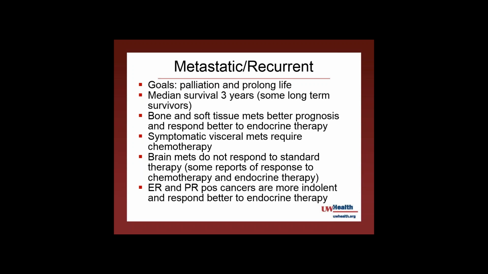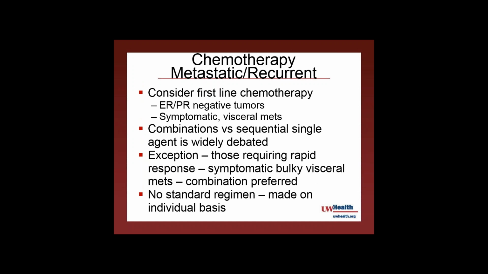But if you've got bone mets, you can probably use endocrine therapy or a bone modulating agent, like zoledronic acid or denosumab. ER/PR positive cancers are more indolent and you respond better to endocrine therapy, even in the metastatic setting. So consider first-line chemotherapy for ER/PR negative tumors and patients with symptomatic visceral mets.